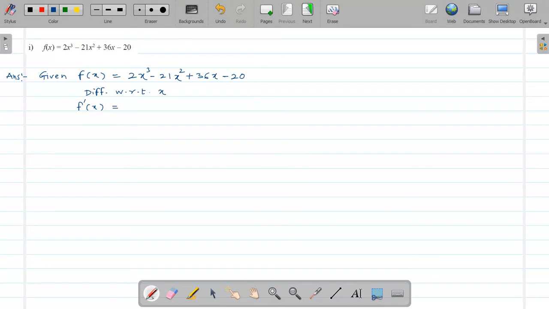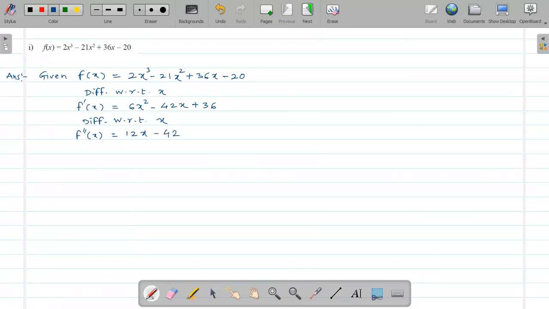See the derivative here: 6x square minus 42x plus 36. Check this derivative, and again differentiate with respect to x so that you get the second order derivative, because we also need it. So f double dash of x is here 12x minus 42.